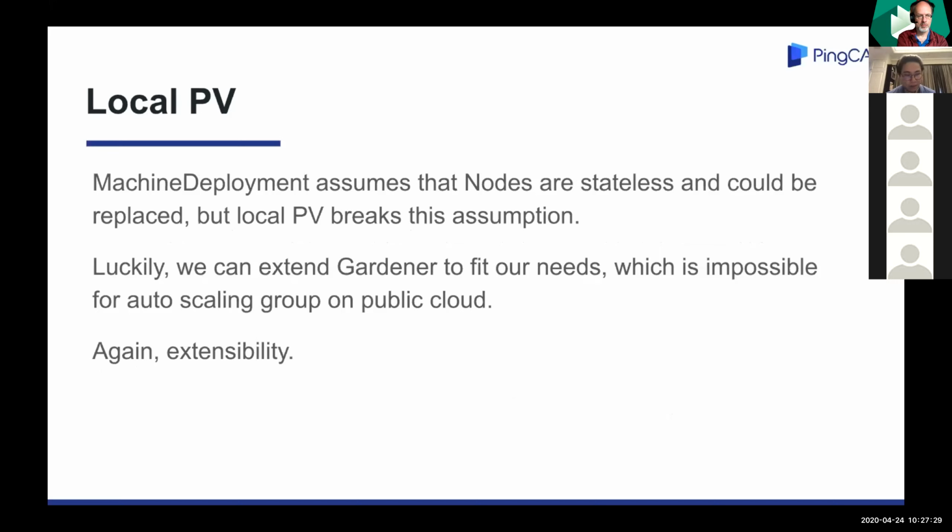And this is the biggest obstacle when we use Gardener. Luckily, we could extend Gardener to fit our needs, which is impossible for auto-scaling groups on public cloud. And again, extensibility rocks. Without Gardener, we wouldn't be able to run stateful applications like TiDB on Kubernetes that well.